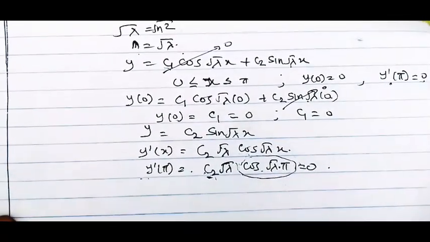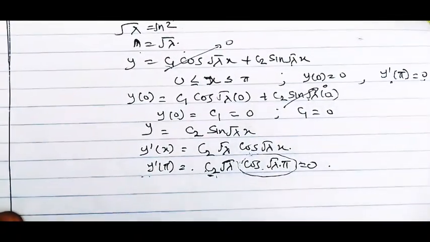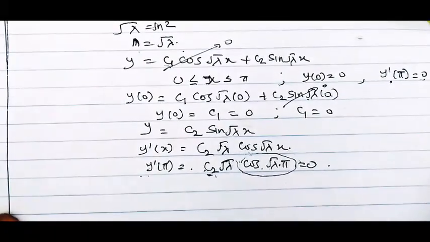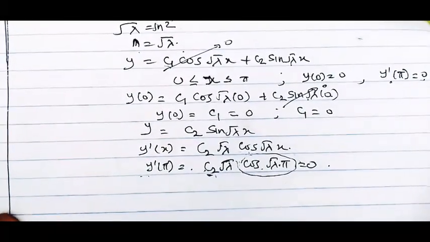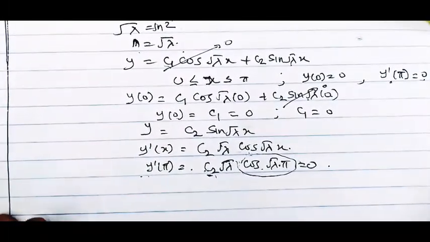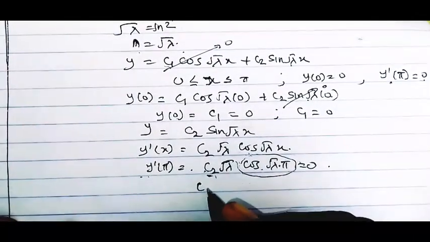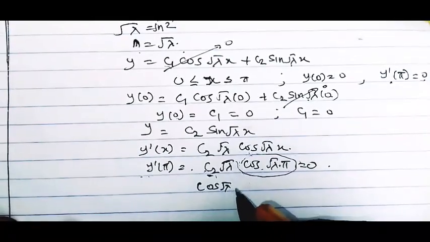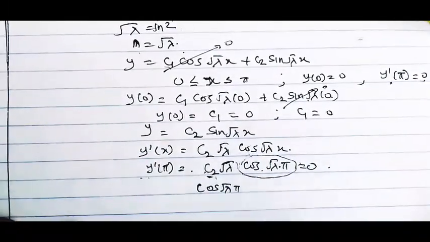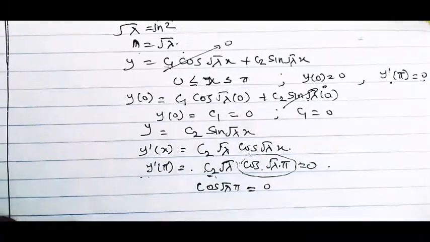Now how can we check if this actually can give us 0 for different sets of values? We are not looking for only one value, but a set of values that can make this cos equal to 0. So let's bring out this cos and equate it to 0, because we're expecting it to be equal to 0.